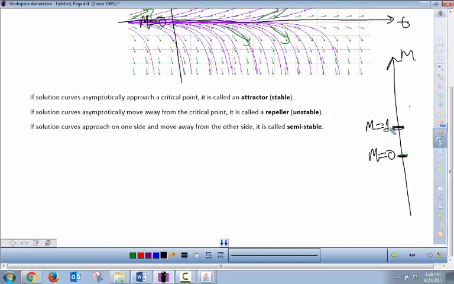Check immediately on either side whether it's positive or negative.